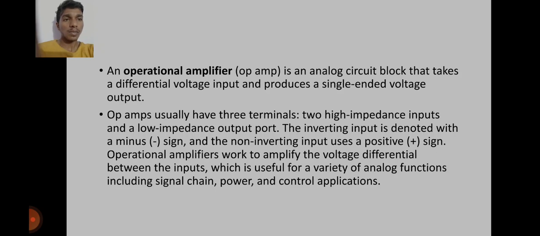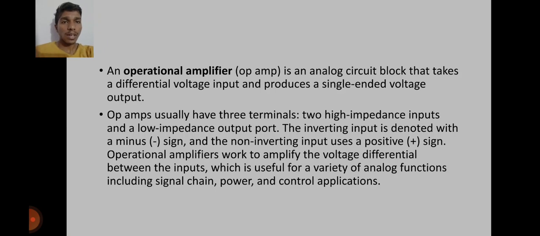This operational amplifier is used for different operations like differentiation, integration, inverting and non-inverting of input signals, addition of signals, subtraction of signals, and so on. This op-amp is indicated with IC 741, which is used as the operational amplifier.